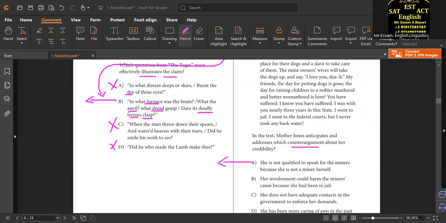And this means she is not a miner, so it means just to know more about mining. For example, I'm not a doctor, but I explain more about doctoring for the doctor job. Well, that means it's an argument. You see, as you know, a counter argument is just like an attack against the writer's main argument. It's something opposite to the main claim. Feel it? So now we need evidence for letter A.